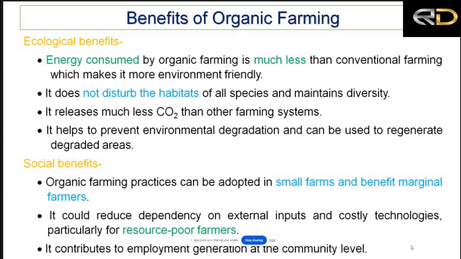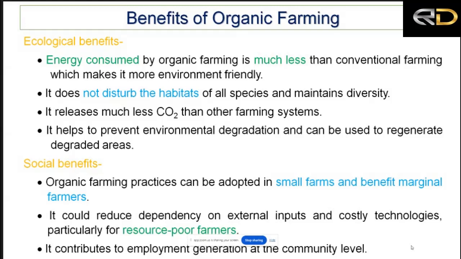From a small area, organic farming can be adopted, and this is also useful for resource poor farmers, as they don't have to go for synthetic fertilizers and pesticides. They will use the resources that they get in the field itself. It will also generate some employment at the community level.